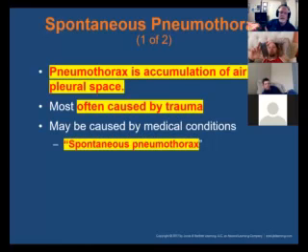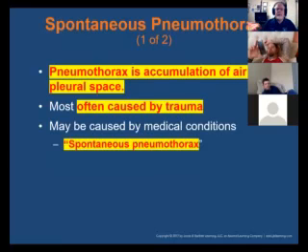It comes out in choppy little two and three word sentences, but they finally convey to you that they were doing fine until that cough, and then they had that sudden onset of shortness of breath, and they're dyspneic and they're tachypneic. They're breathing faster, and they are in distress.